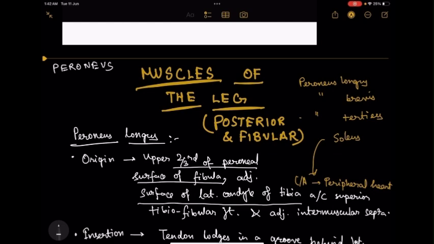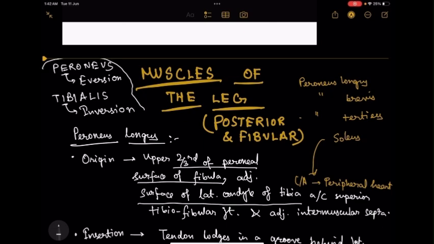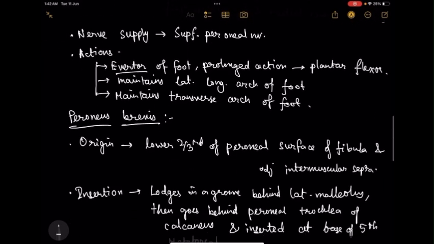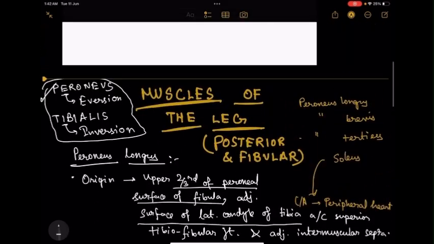Peroneus muscles and tibialis muscles. E for eversion, I for inversion. So I hope you know the two movements that are there, eversion and inversion. Eversion of foot, inversion of foot, that will be covered in a separate video in the next part. So see, you can easily remember which muscles cause eversion, which muscles cause inversion. So we are done with the first three down, last one to go.